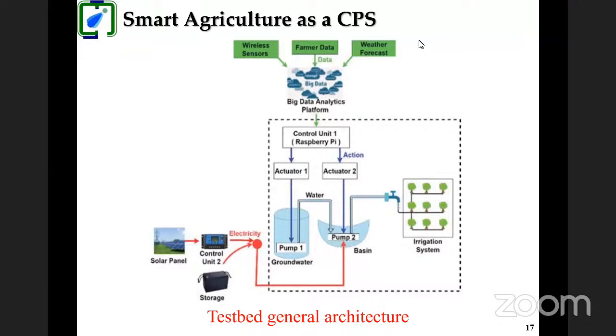So from sensor to processing of big data, this is your wireless sensor network architecture. This is the way the data will be passed from one system to another.